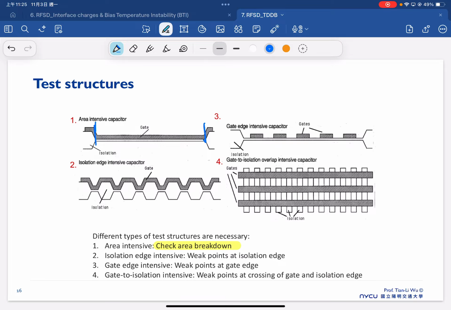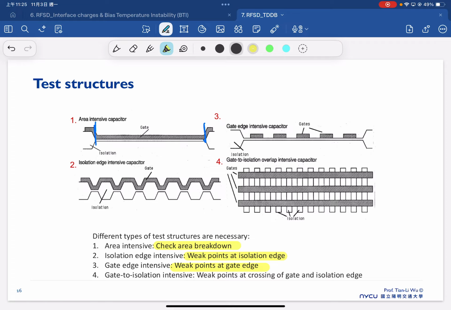The second one is isolation edge intensive, because in lots of cases isolation edges are the weakest area, and also the gate edges here.